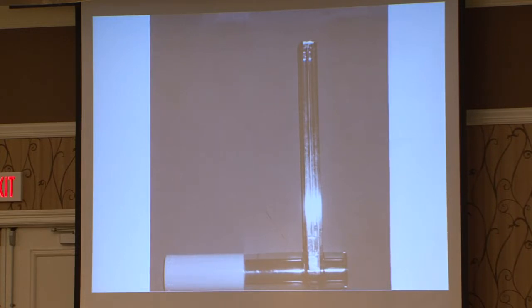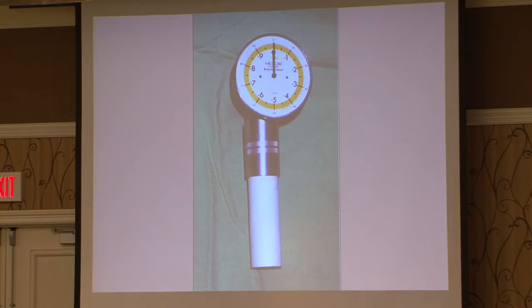And next, this is a spirometer. Now, it's not a digital spirometer because digital spirometers really cannot measure the things that we need to measure for you. Besides vital capacity, we need to measure the ability to air stack, which I will get into, and you cannot do that with digital spirometers.